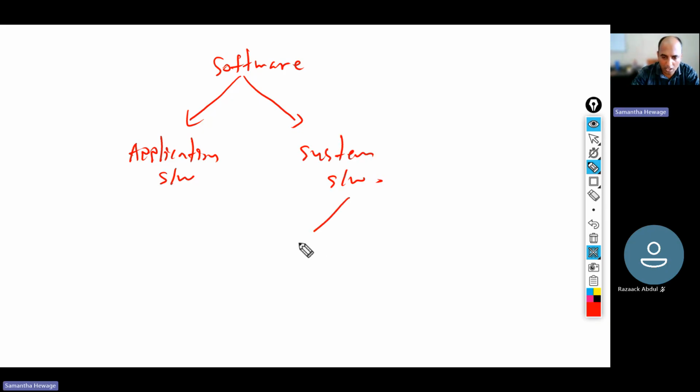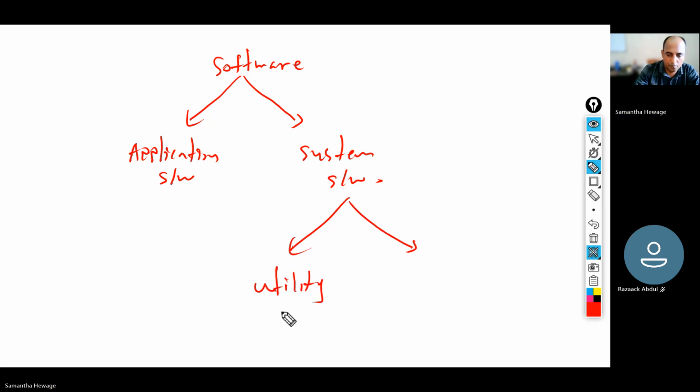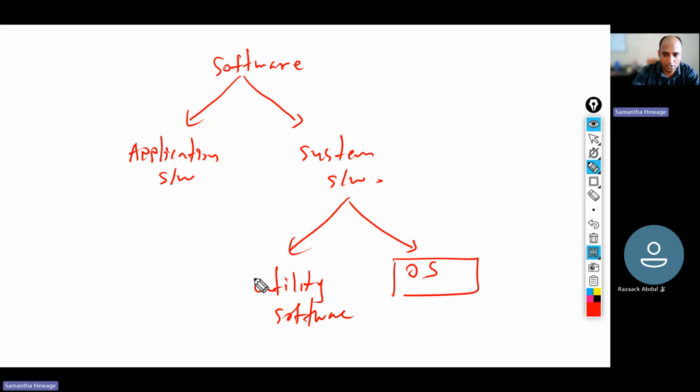System software is again divided into two parts. We have utility software, and we have the operating system. That's how the system software is.